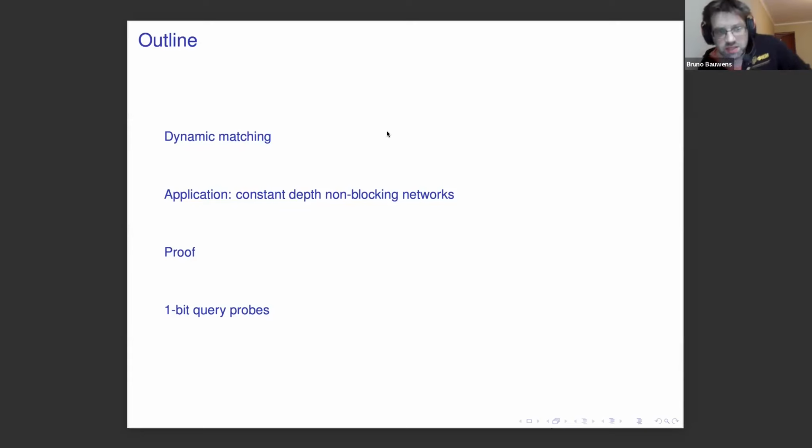Then, if time permits, I can tell about the proof, and then I will speak about a second application at the very end. The second application uses a variant of the result, so it's an incomparable result.